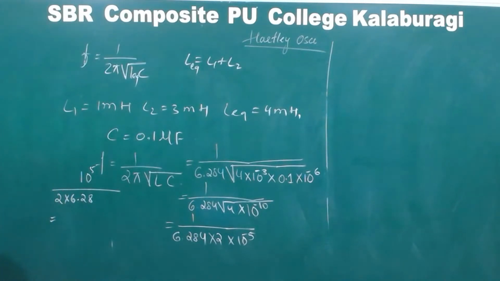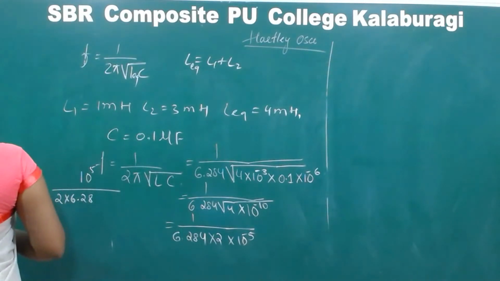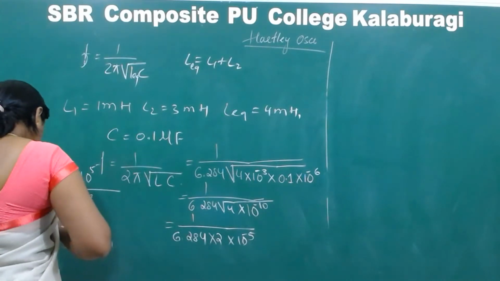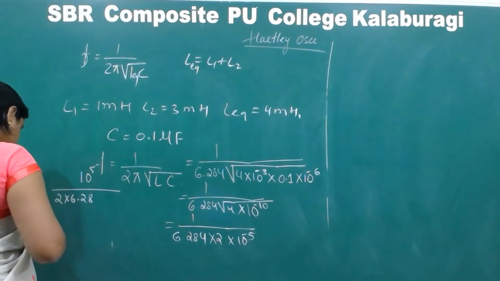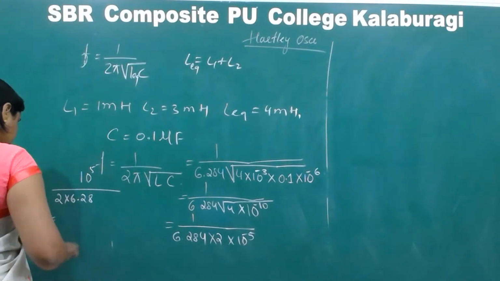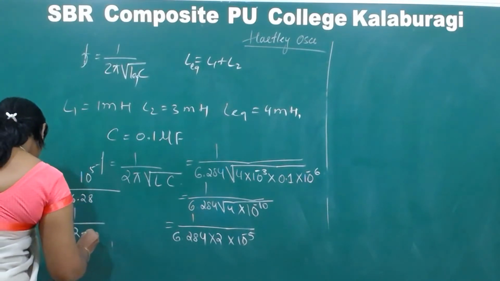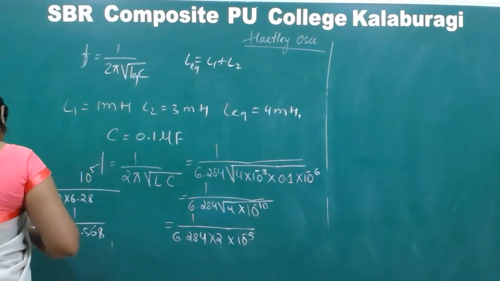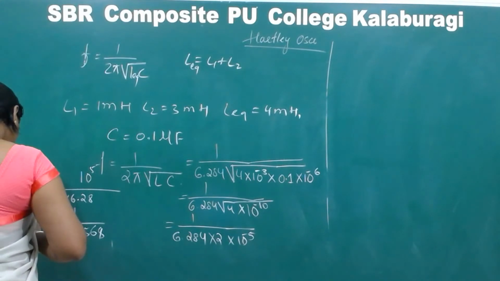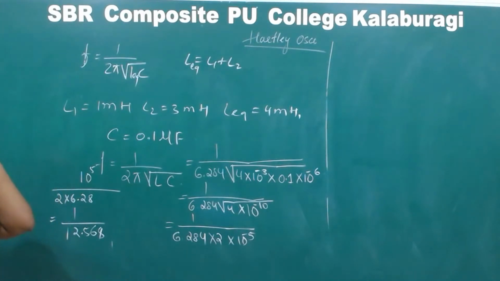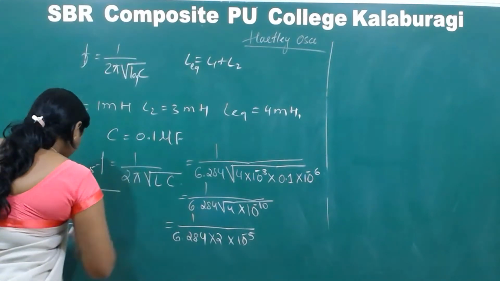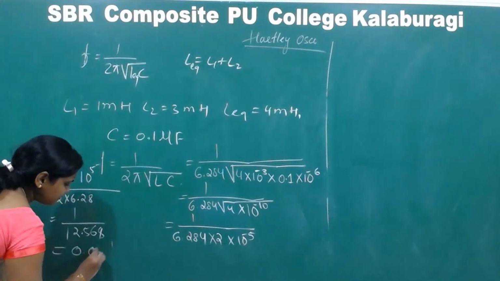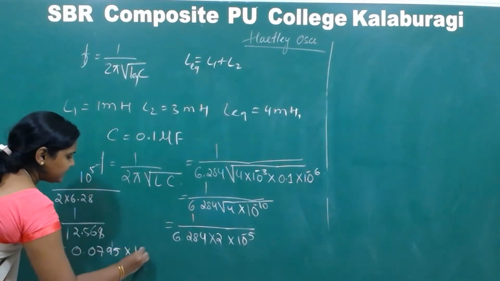So how can this be calculated now? The value is 2 into 6.284. That is 1 by 12.568. 1 divided by 12.568 is 0.0795. 0.0795 into 10 to the power of 5.